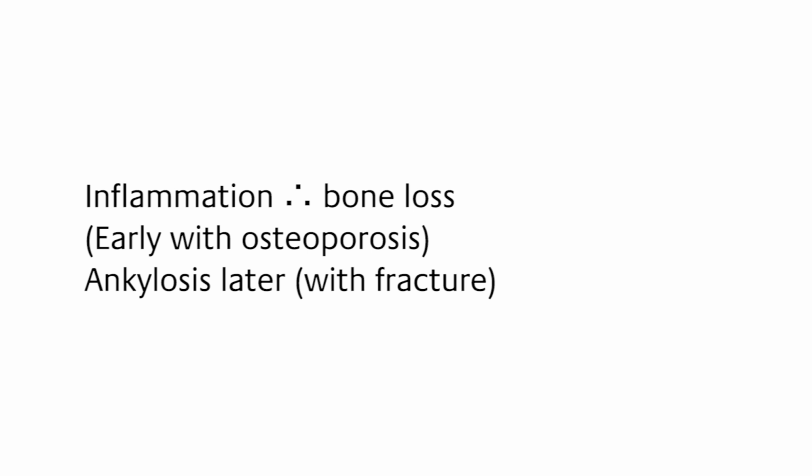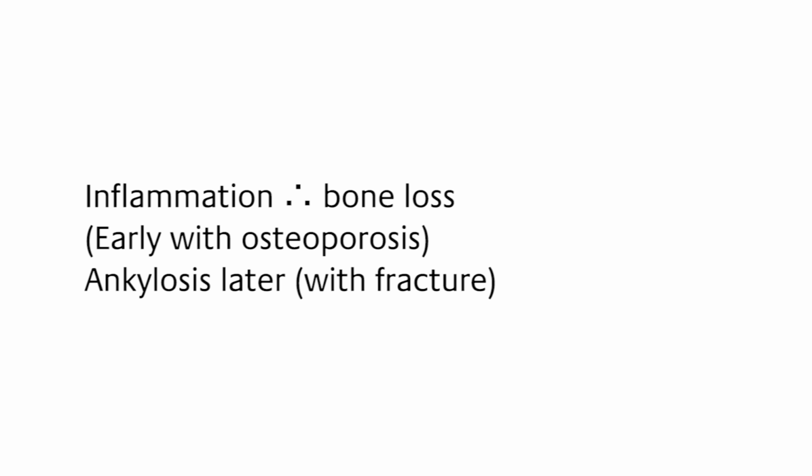So why do people develop these complications that I described in terms of heart and lung? That's often because people have had long-standing inflammation. And it's really the inflammation that is the risk for having some of these complications. We know that patients that have had a lot of inflammation from their AS will then also develop fusion and ankylosis of the spine. And this may be associated with fracture.